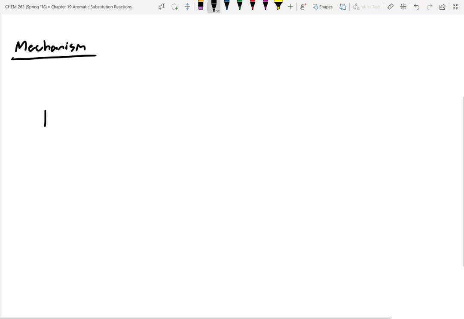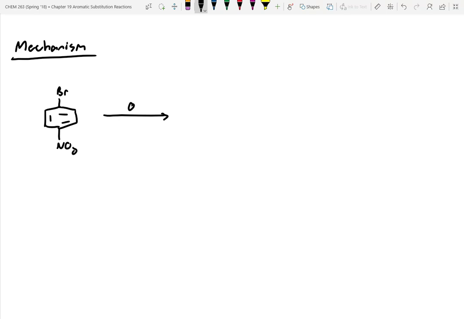And I'll just do the same starting material where we've got bromine para to a nitro group. And we have hydroxide in step one. We know hydroxide's a pretty strong nucleophile. Now the question is, which position on the aromatic ring is likely to be attacked?